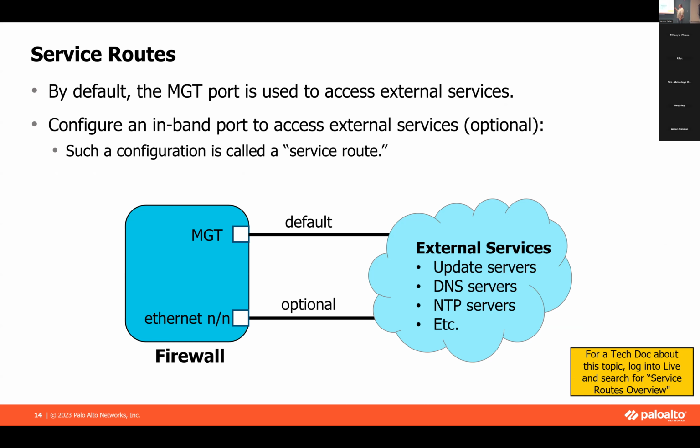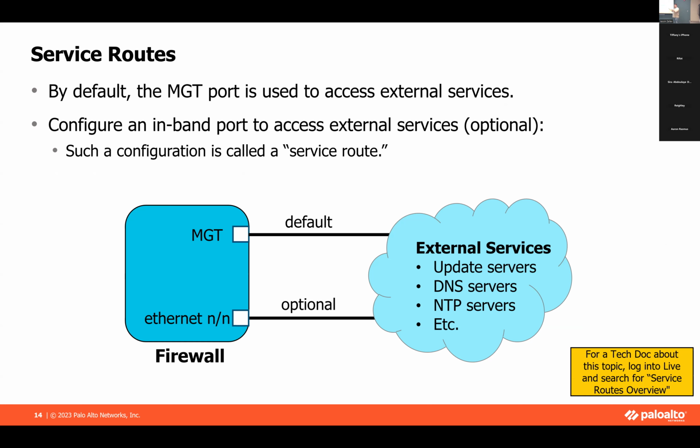What that does is allow the firewall to go get updates for itself and pull anything that's in the management services. So DNS servers, NTP servers, anything it's trying to pull, it's going to do over the management port by default, right?